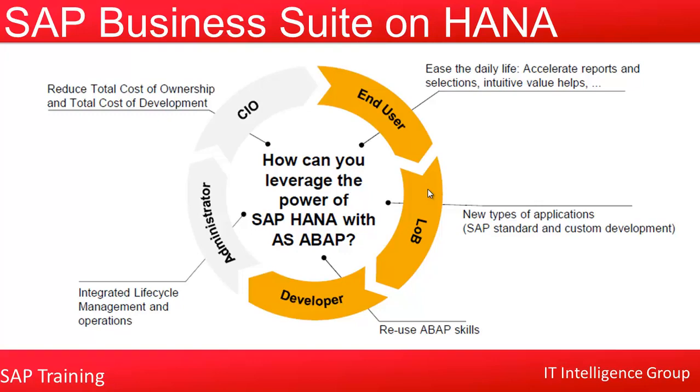You need to analyze the data from, say, ST03N, or find out the response time for different transactions and different programs, to see which is taking more time. Once you identify those programs, you may need to use the new optimization features, the features using which you can transform those programs to leverage the power of HANA.